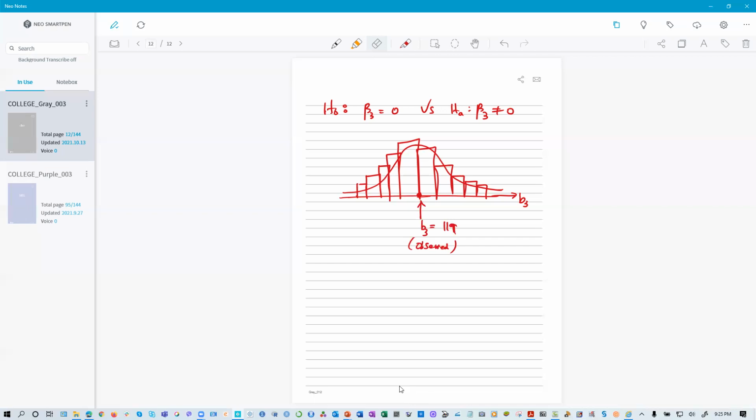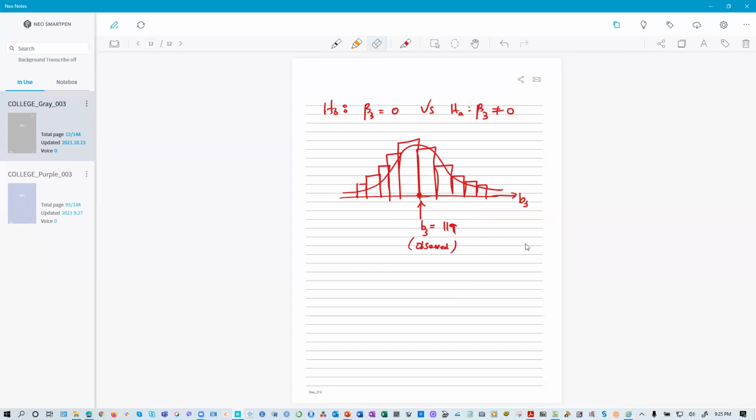Not only this 119; if someone else has done this and come up with the estimates, that estimate may not be 119. It may be something else. That's why we leave the space for them to add anything. Whatever the value comes, they can fit it into this distribution. But in our case, 119 is the absurd value.